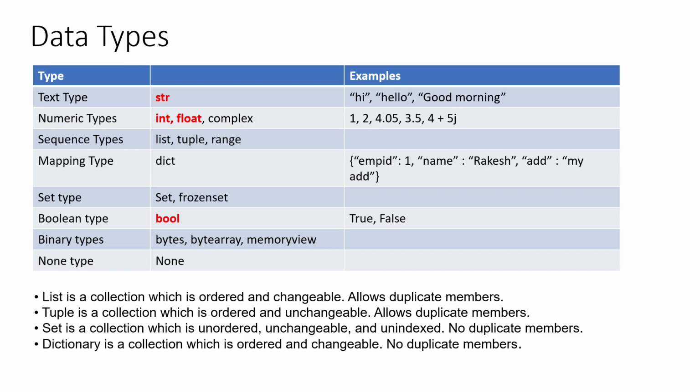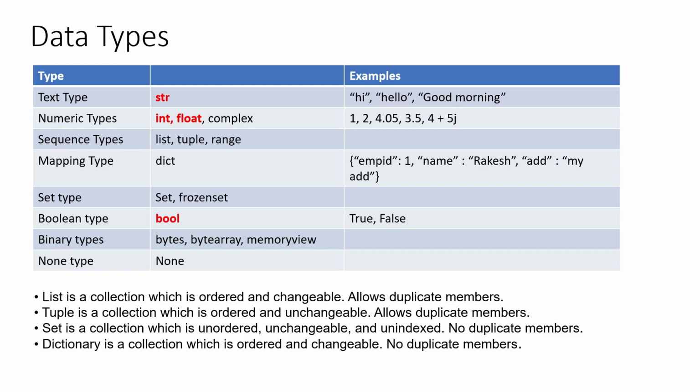But today we are going to focus on strings, integer, float, and boolean because these are simple data types. The others like list, tuple, range, dictionary, set are used to store a collection of data. So don't worry if you don't understand these right now. For this session we are going to focus on these four data types.